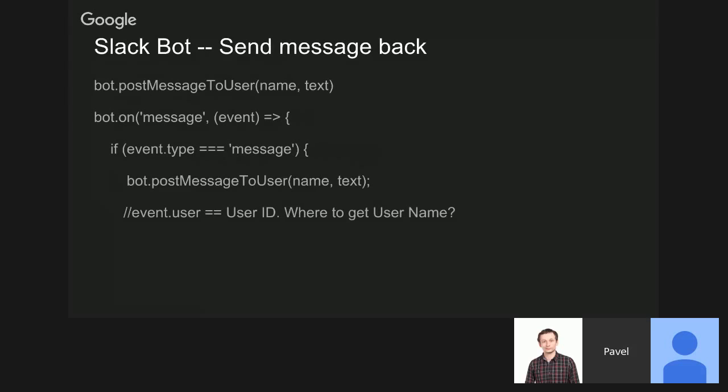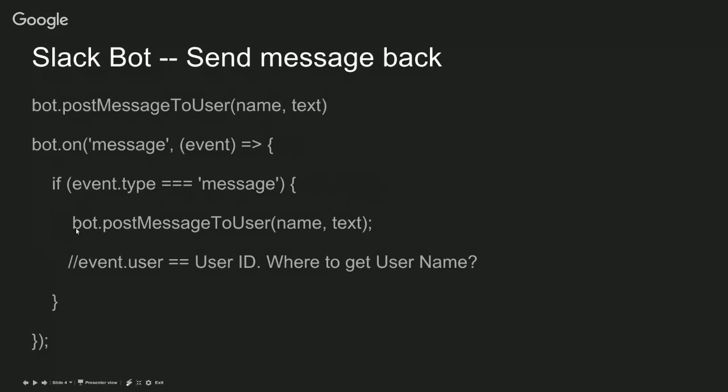In our example, after receiving a message, the bot calls post message to user and feeds it the name and text. But one thing I faced is that we don't have the name of the user. In the event, we have a field called user, but it represents the user ID, not the name.